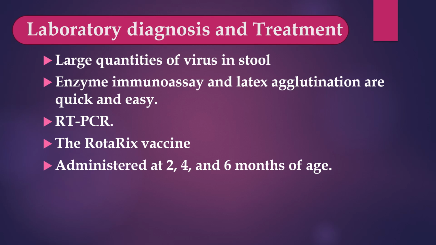Enzyme immunoassay and latex agglutination are quick, easy and relatively inexpensive ways to detect rotavirus in stool. Viral particles in specimens can also be readily detected on electron microscopy or by immunoelectron microscopy. RT-PCR is useful to detect and distinguish the genotype of rotaviruses.